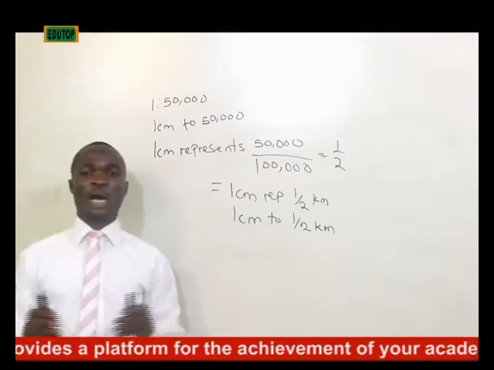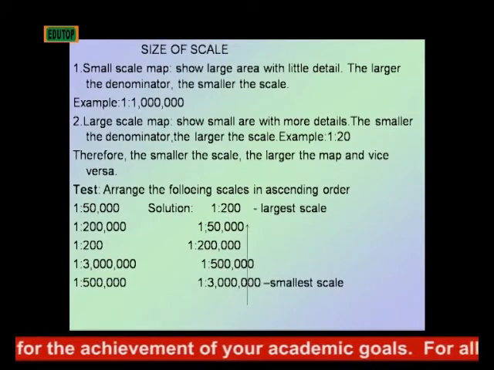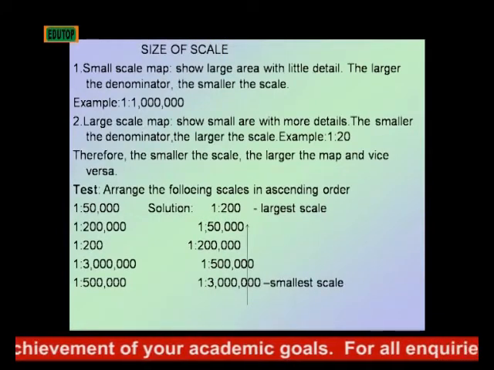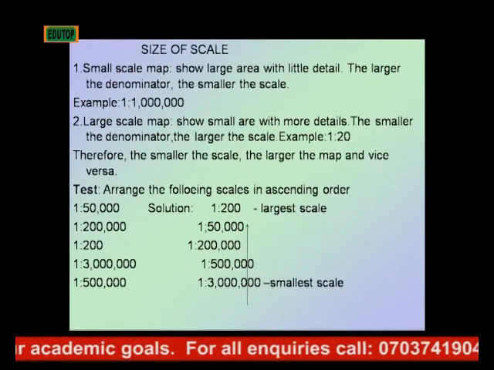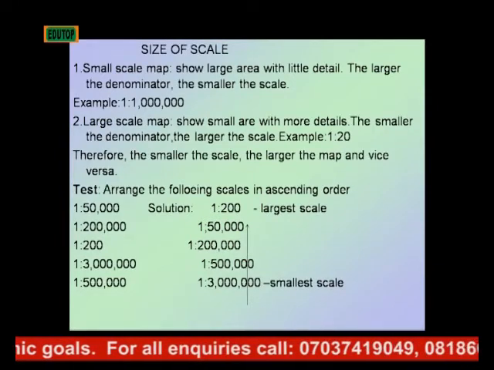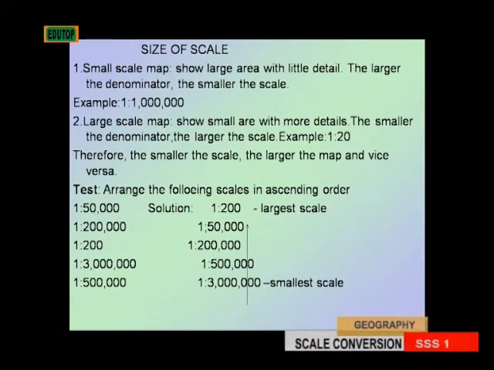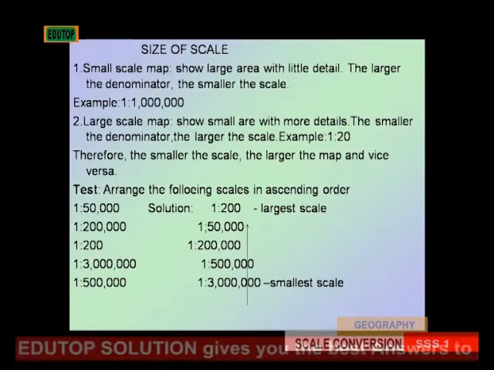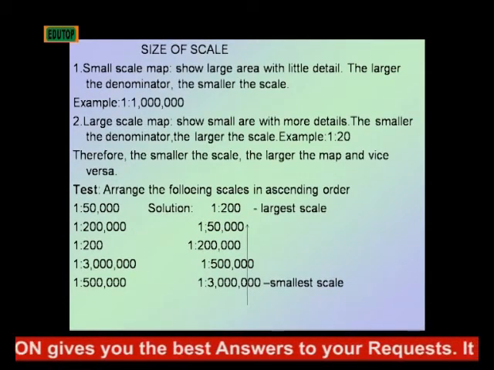So now let's look at a large scale map. A large scale map shows a small area with more details. And also, the smaller the denominator, the larger the scale of that map. For example, we have a map with a scale of 1:20. That is indeed a large scale map.